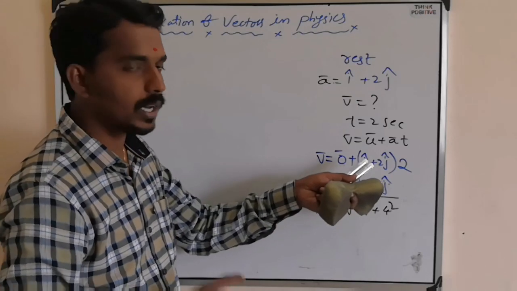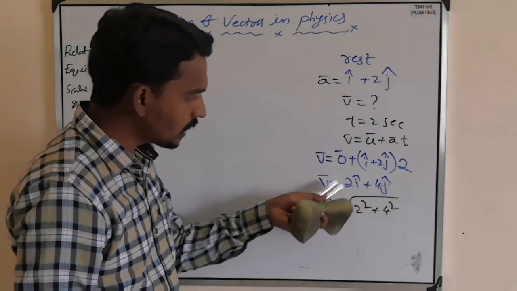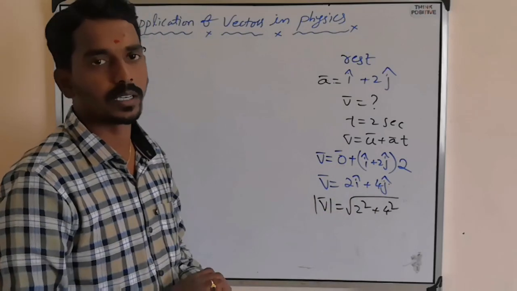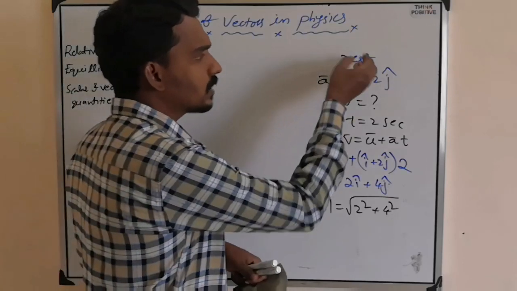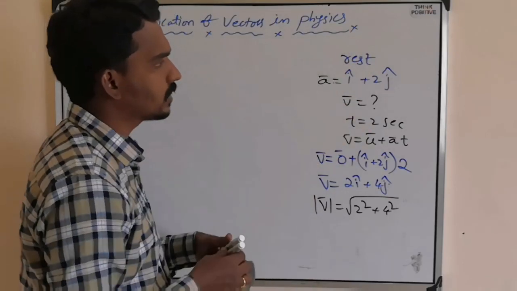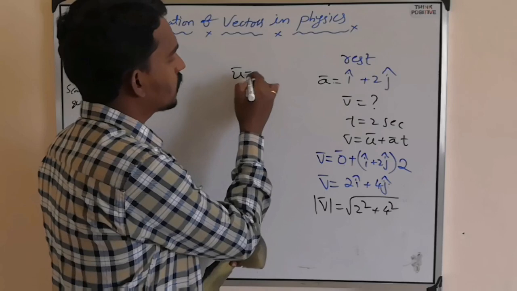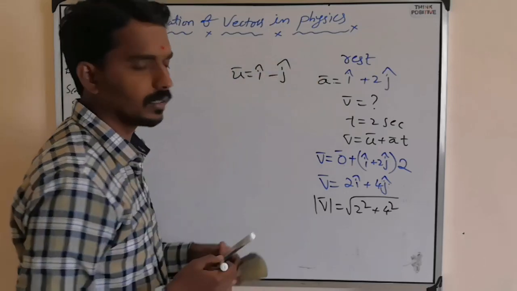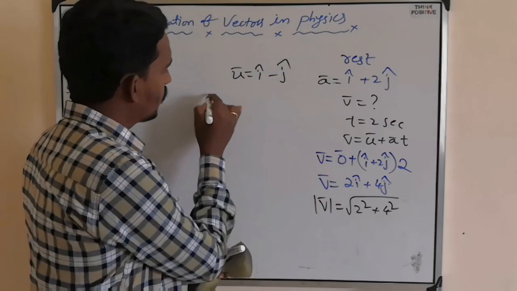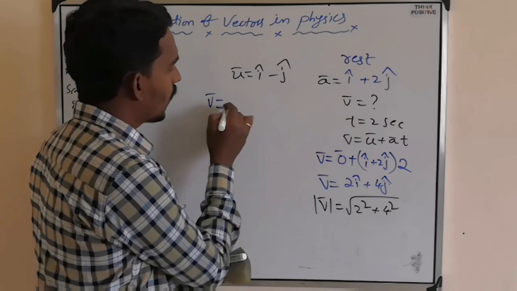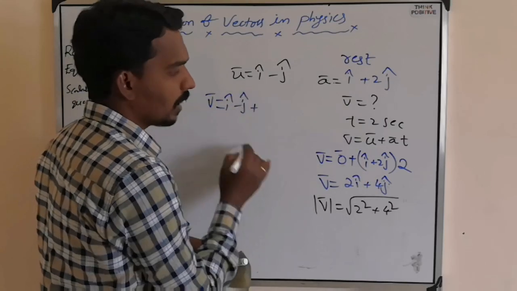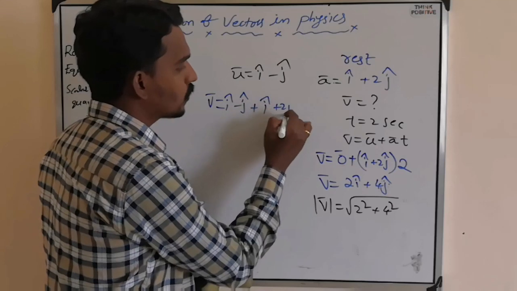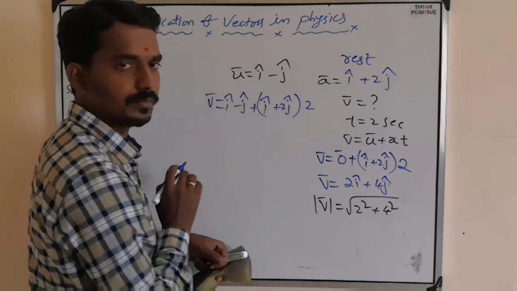Here a bar is a two-dimensional vector, so v bar is also a two-dimensional vector. Suppose not starting from rest, initial velocity is also there. Suppose initial velocity is i minus j, something. Then substitute v bar equal to u bar, i cap minus j cap, plus i cap plus 2j cap into 2.